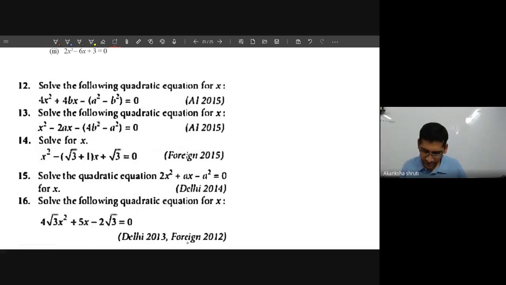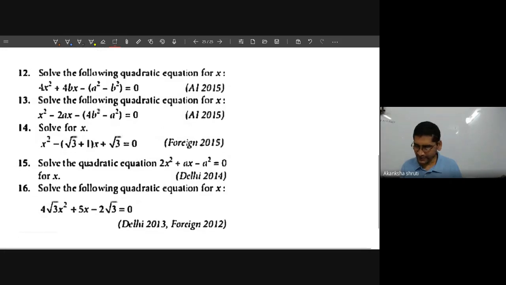But you can also apply this quadratic formula method. That method you can also apply for this question number 12, 13, all those things. Even 14 also you can apply. So any of the two methods that we have learned, you can apply and you have to solve it. Or if you can apply both methods and find the same answer, please try with both methods.